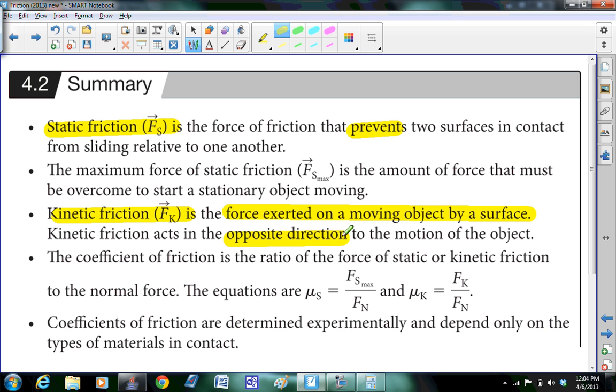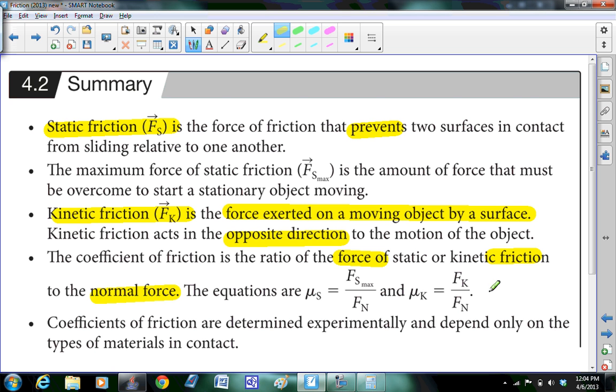We also have the coefficient of friction, the ratio of the force of friction to the normal force. You can have a coefficient of static friction, which is related to the maximum amount of force required to start moving an object. You can also have the coefficient of kinetic friction, related to the amount of force required to keep an existing moving object moving on a surface.